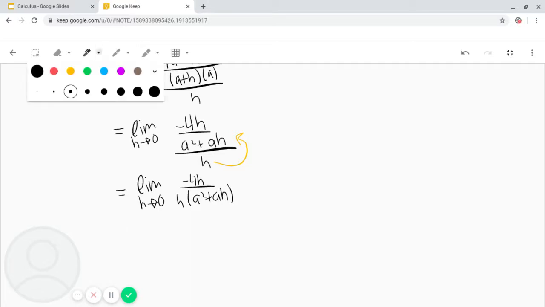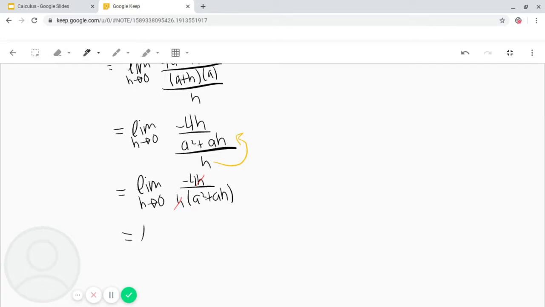And I wouldn't expand here just because this is the part where it will simplify. And that's very important, so we can get rid of those h's. And that would just leave us, of course, with the limit as h approaches 0 of negative 4 over a squared plus ah.